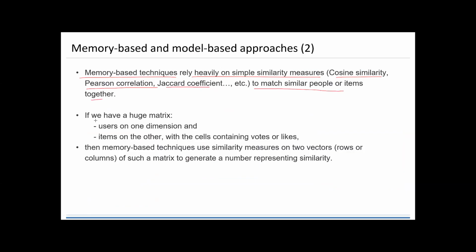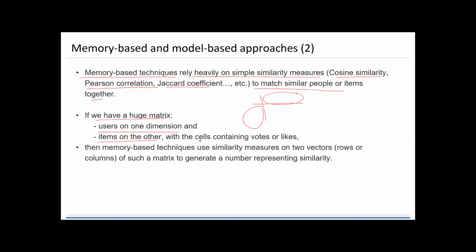Now the issue is if we have a huge matrix. Let's say users on one dimension and items on the other. So we have a matrix like this one. These are the users and these are the items.